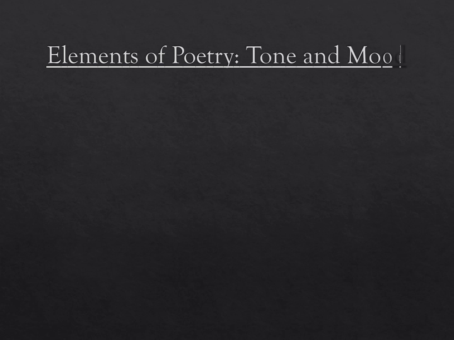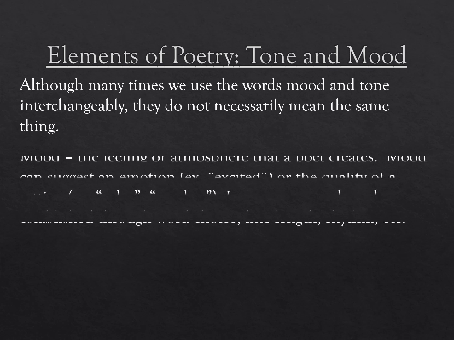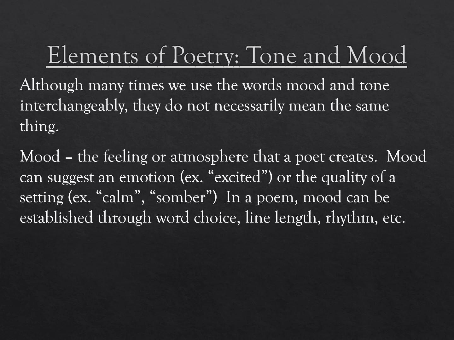So, the elements of poetry, we focus now on tone and mood. Although many times we use the words mood and tone interchangeably, they do not necessarily mean the same thing. Mood is the feeling or atmosphere that a poet creates. Mood can suggest an emotion, for example, excited, or the quality of a setting, calm, somber.